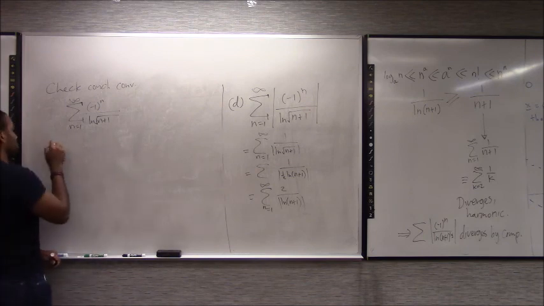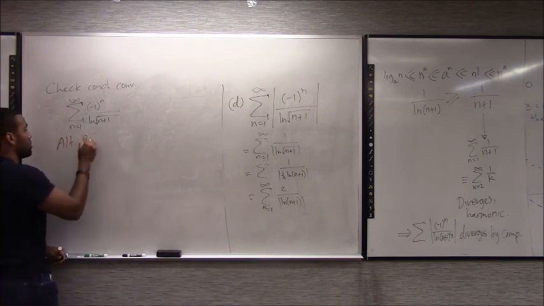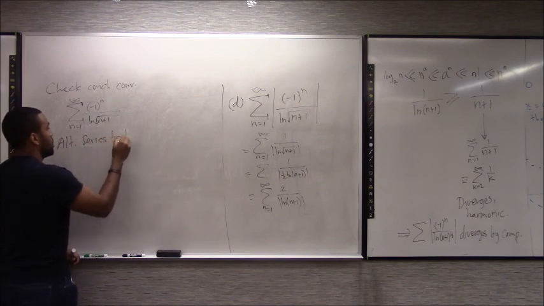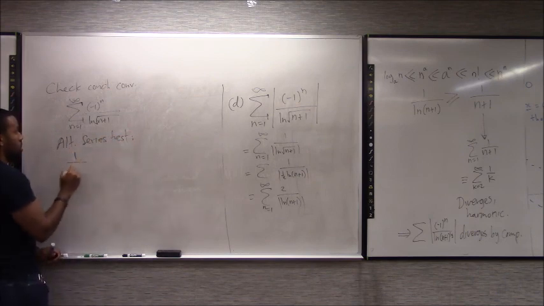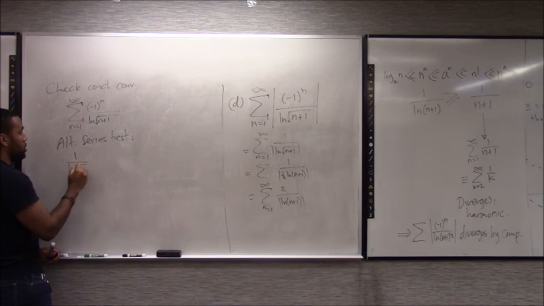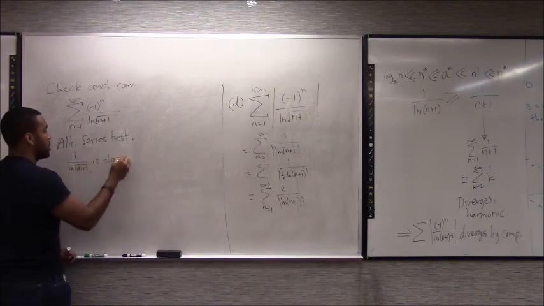Alternating series test. Notice that 1 over ln of n plus 1 is decreasing.